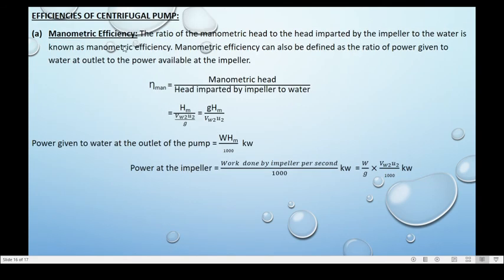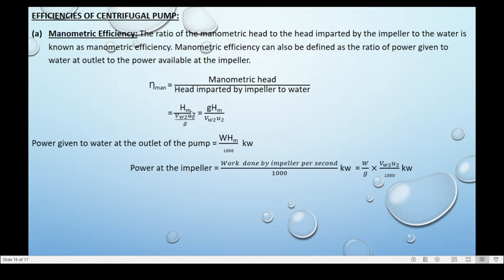Next we have different efficiencies. First is the manometric efficiency. It is the ratio of manometric head to the head imparted by the impeller to the water. Manometric head divided by head imparted by the impeller to the water is your manometric efficiency.